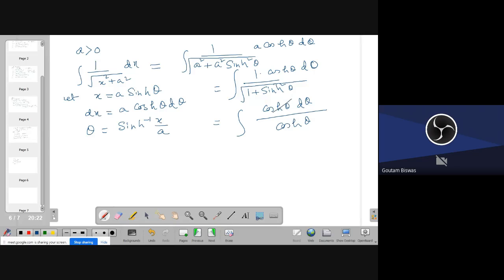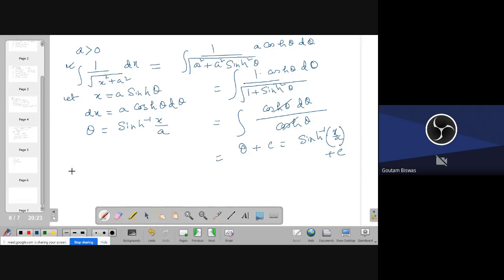So this and this go, and this is nothing but theta plus c, that is equal to sin h inverse of x by a plus c. This is one answer of this integration, but there may be another answer.